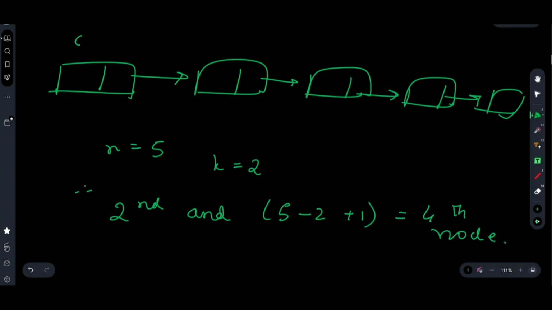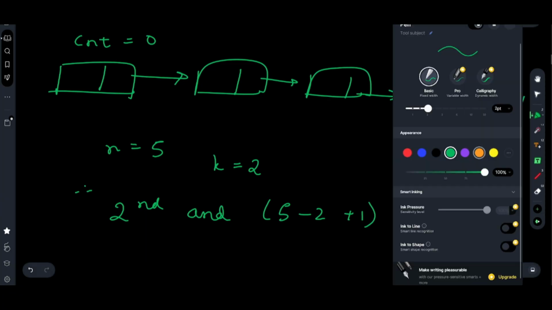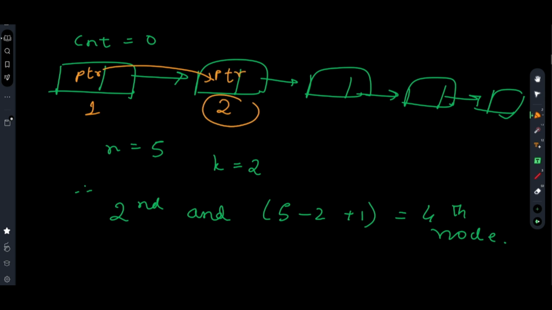You will put a counter as 0. This is ptr. First increment the counter by 1, move the pointer to the next node, then increment the counter to 2.